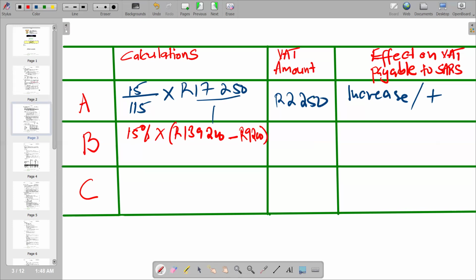And then if we simplify it further, 15% we convert to a decimal, it becomes 0.15. And then we subtract 139,200 minus 9,200, and see what we get there.